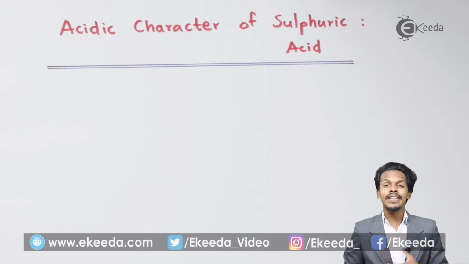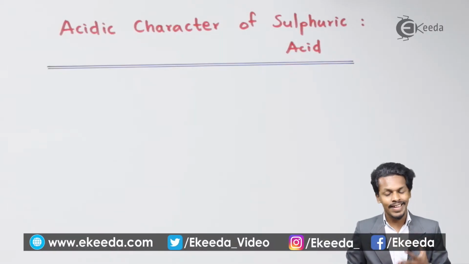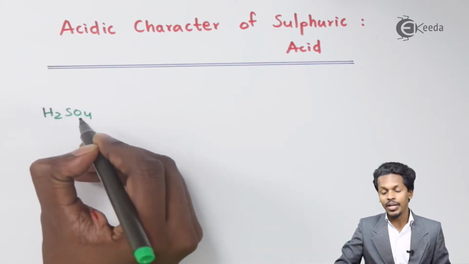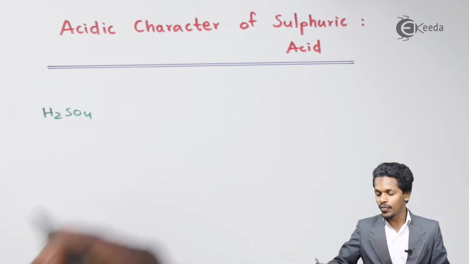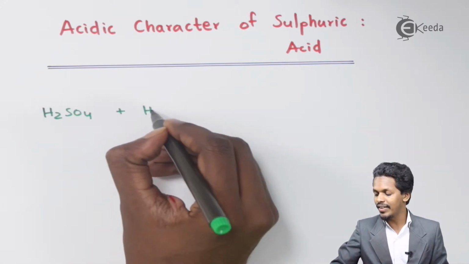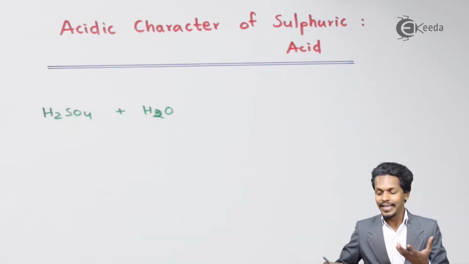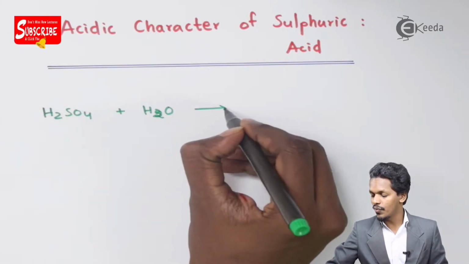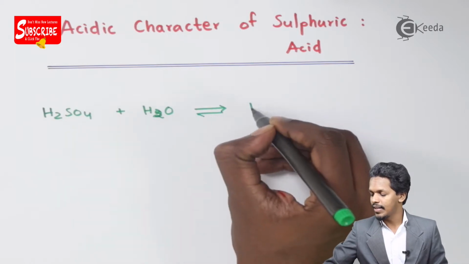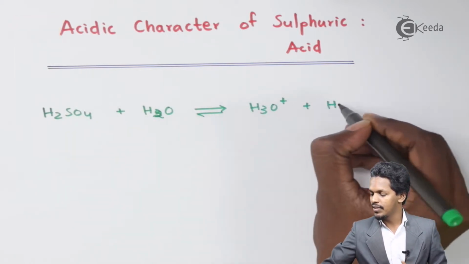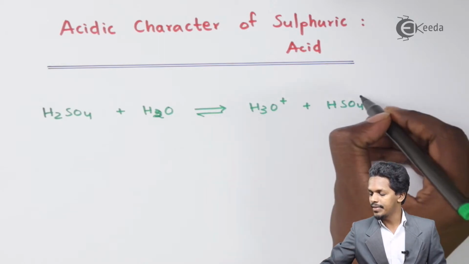So friends, we know that H2SO4 is a dibasic acid. That's the reason that whenever it is dissociated in water, it forms a hydronium ion. So whenever H2SO4 is dissolved in water, it forms hydronium ion, H3O+, along with HSO4-.